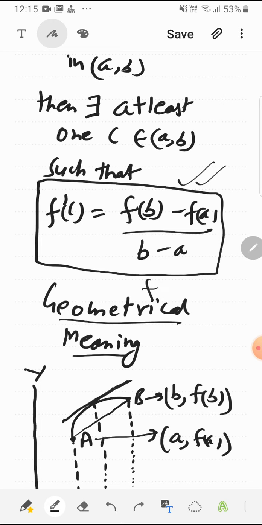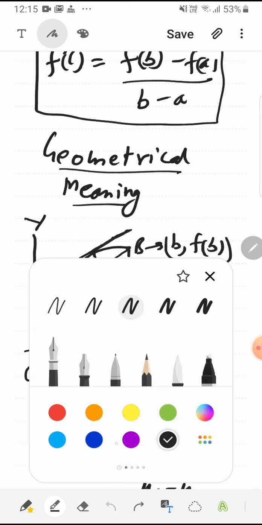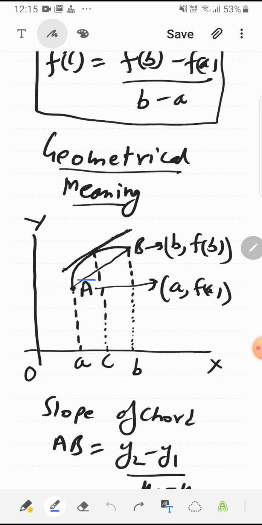Now, like Rolle's theorem, it also has a geometrical meaning. So let us consider it. Suppose f is a function defined over the closed interval a comma b. This I am highlighting, this is the graph of the function.